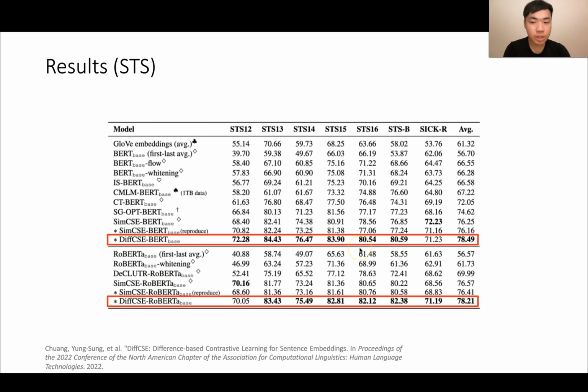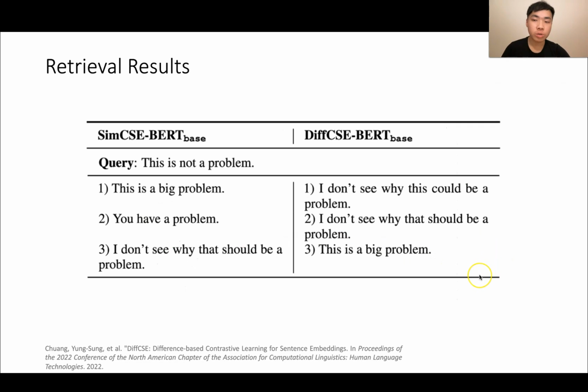The results of DiffCSE show that it's much better than SimCSE, by 2% on the STS task. You can also see the difference between SimCSE and DiffCSE by looking at the retrieval results. Here we have a query sentence, "This is not a problem." And the top one retrieval result from SimCSE is "This is a big problem." These two sentences have opposite meanings, but their structure is very similar.